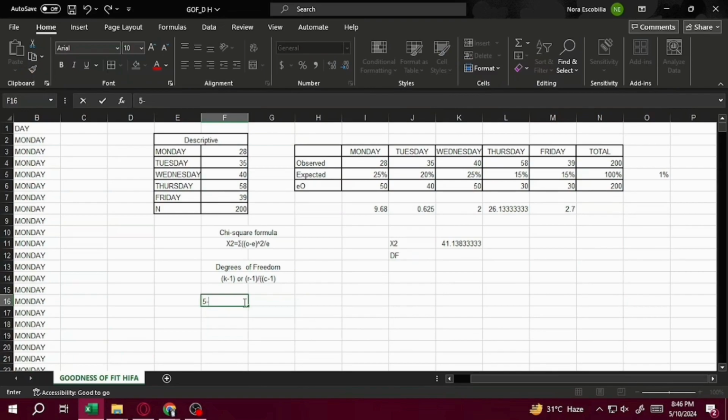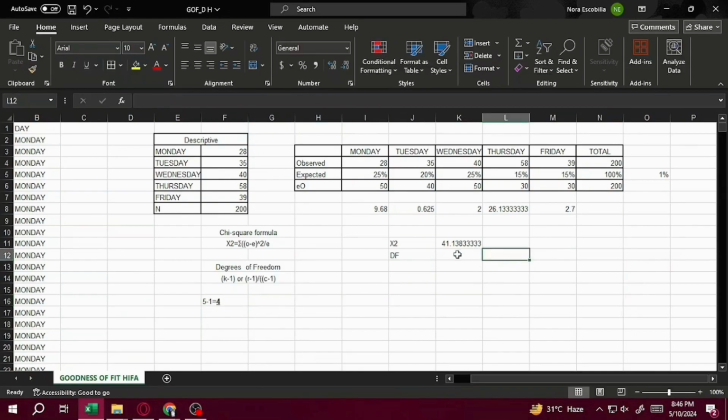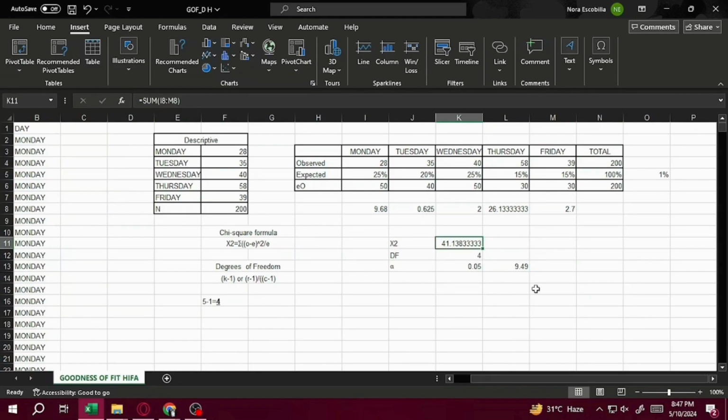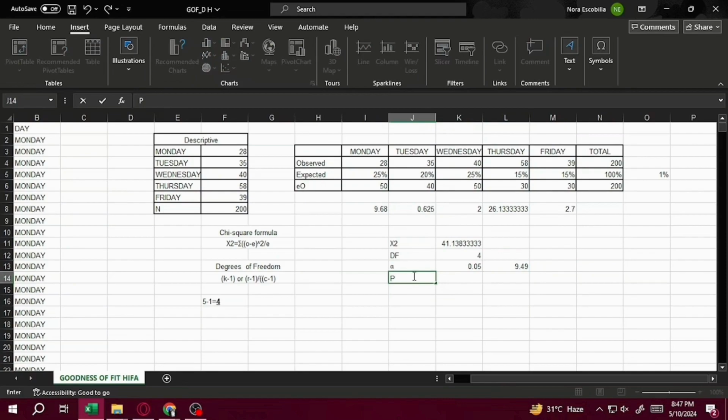So we have 5 minus 1, which equals 4. So now our degrees of freedom is 4. And for our alpha, we have 0.05. Based on the table, the critical value for 0.05 and degrees of freedom of 4 is 9.49.